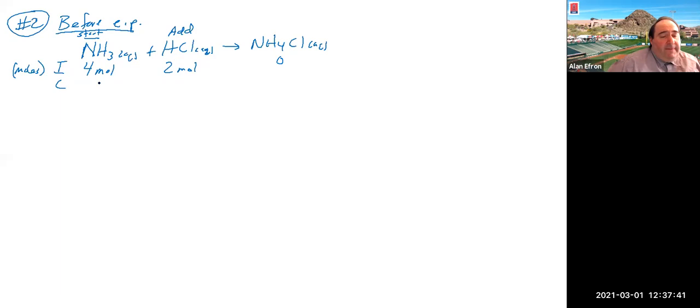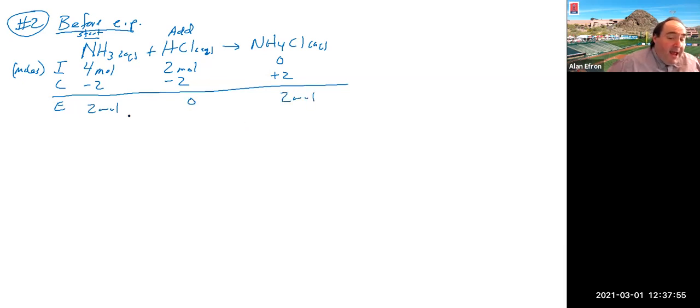Change in this case going to be our limiting reagent, which is the HCl. And that is going to get us 2 moles of this guy, 0 of this guy, and 2 moles of this guy. At this point, we want to convert back to molarity like we've done before using the total volume there.